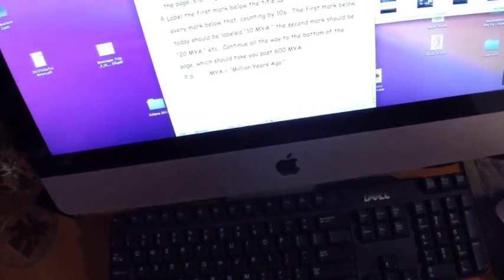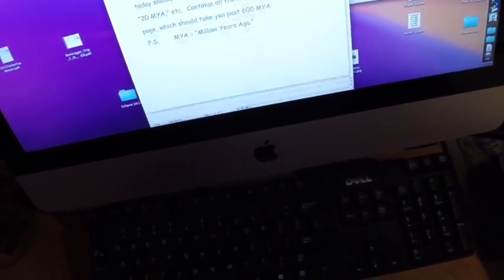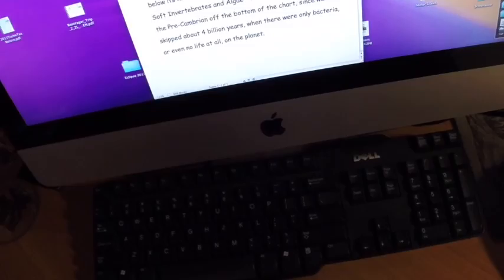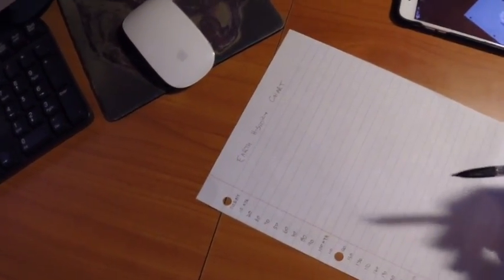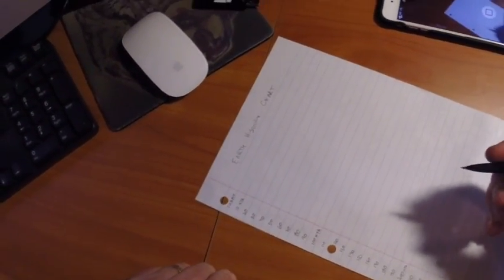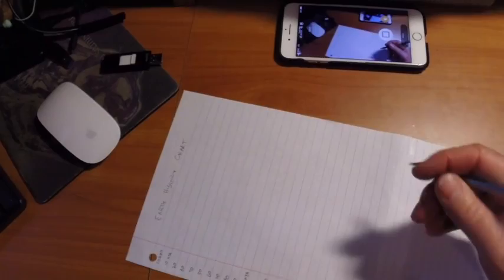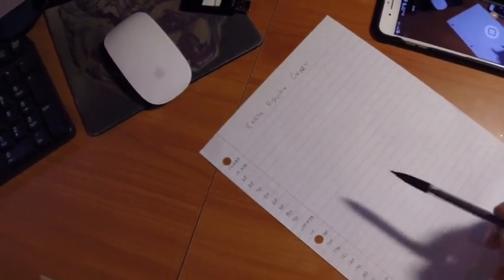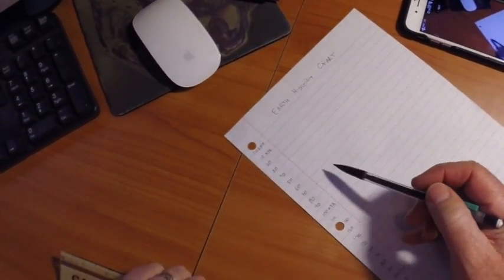The next thing that we're going to do is break this time period apart into different eras. These are really large amounts of geologic time, and they're not always a certain length, and in fact they don't always have the same amount of years in them.